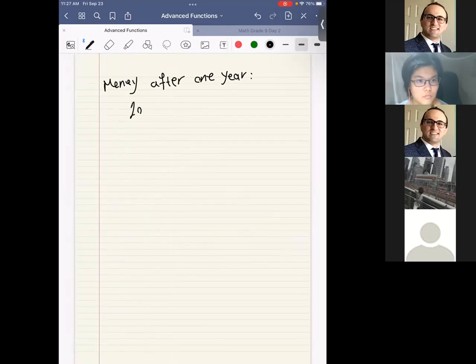It is 1,000, that's the initial value, plus the interest, but the interest is 1,000 times R, the interest rate. So R can be like 1% or whatever, right? So this would be 1,000 times, if you factor out 1,000, you get 1,000 times 1 plus R. Right?